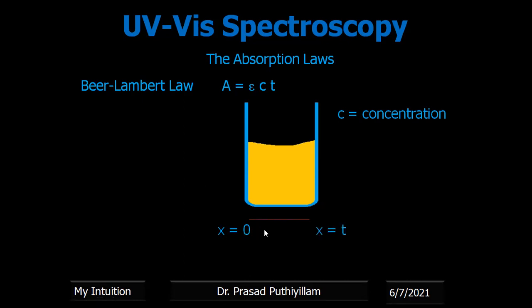If I consider the distance as x, initially it is 0 and it becomes t. T means thickness. Therefore, from here to here, that is thickness or path length.